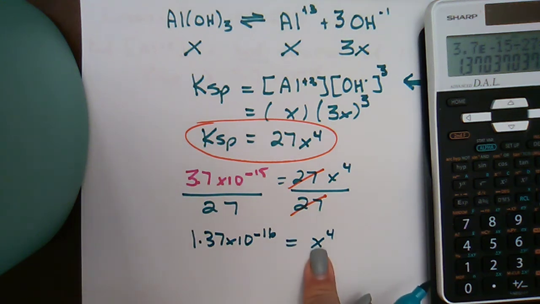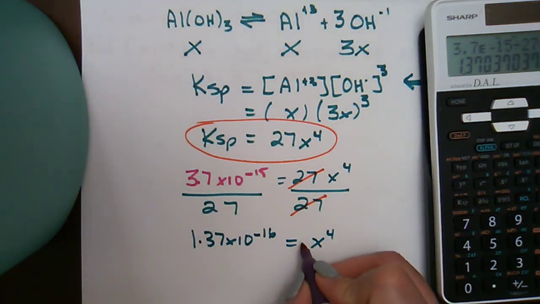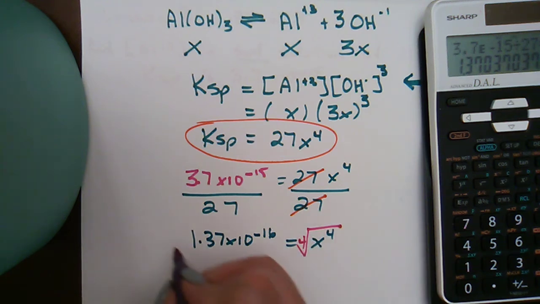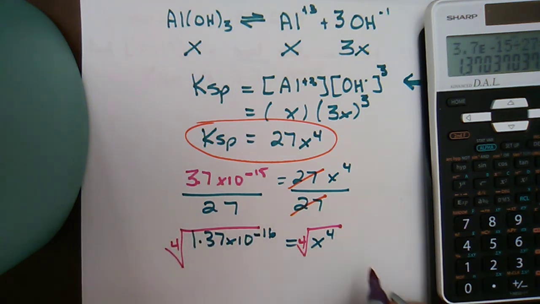Now, this still is an x by itself, so to cancel the fourth, what I want to do is the opposite. The opposite of the power of 4 is a fourth root. So if I take the fourth root on this side, I will take the fourth root on this side. Now, some of your calculators are going to have a fourth root button, which you can totally use. But if you don't, and you remember your exponent rules from math in grade 10 and 11, a fourth root is the same as saying the square root of the square root.